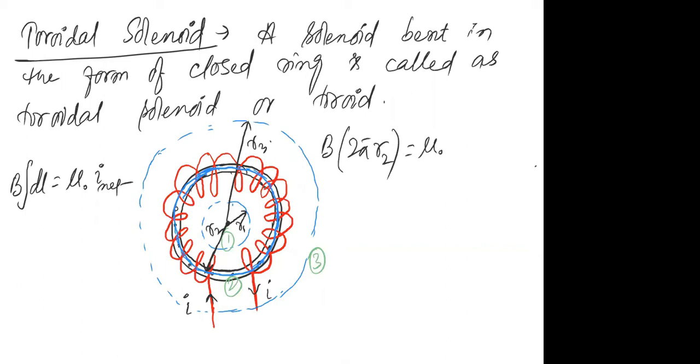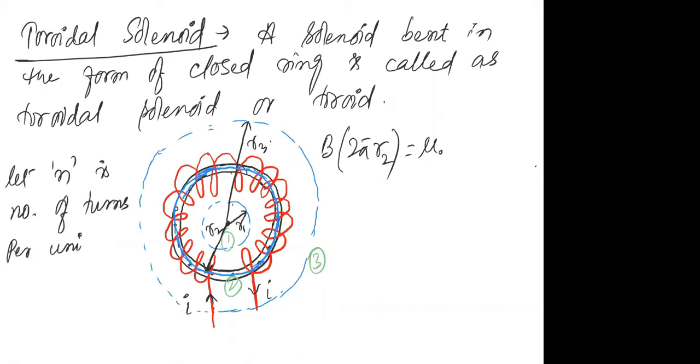Can any one of you please tell me what will be the value of net current here? And don't tell me, sir, that net current would be I. This I is the current which is flowing in a single turn. And how many turns do we have in this whole loop? Listen to me carefully. Let a small n be the number of turns per unit length.